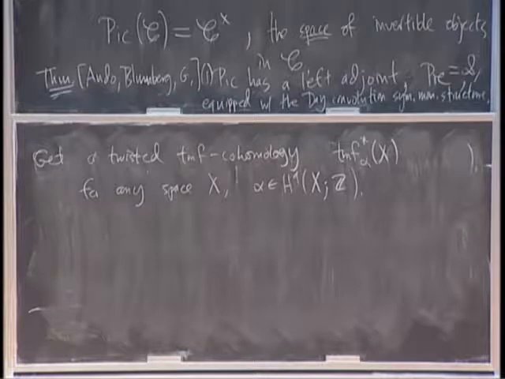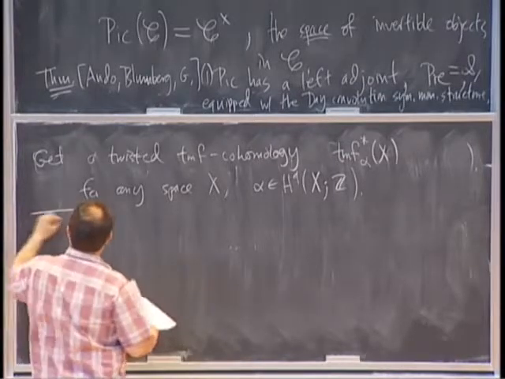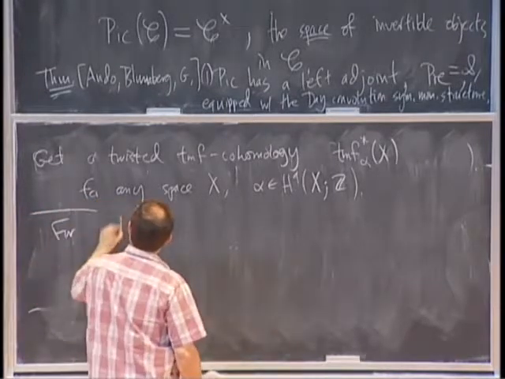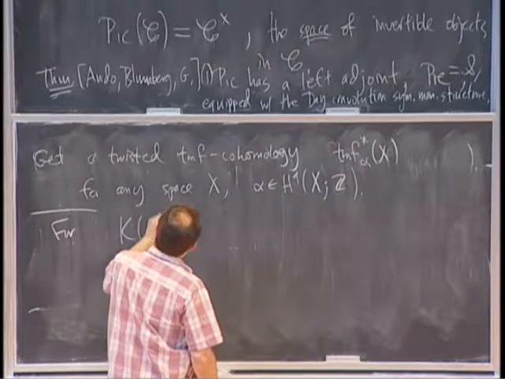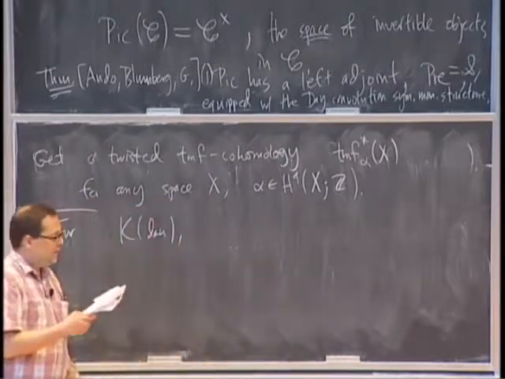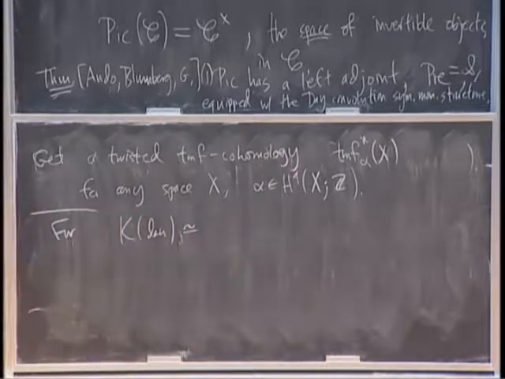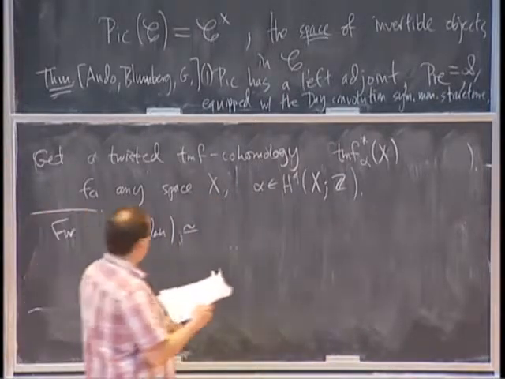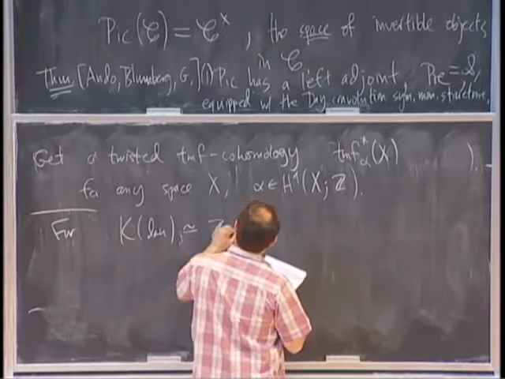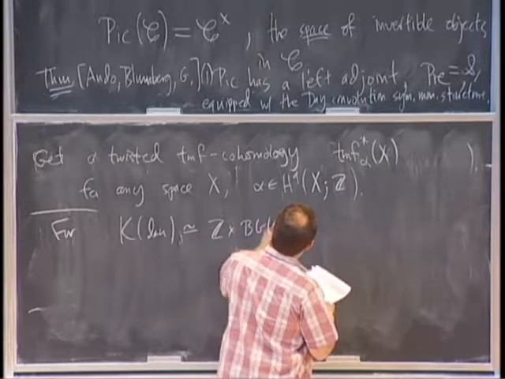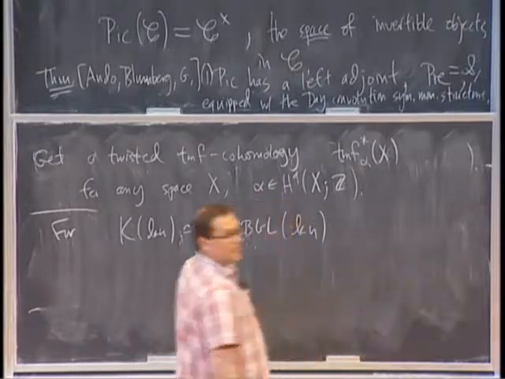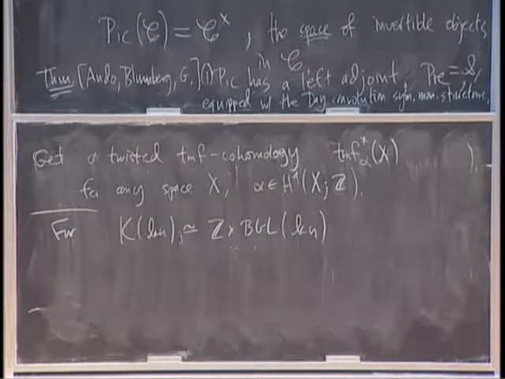The way that you can see that is for K of KU. So the underlying infinite loop space of K of KU is Z cross BGL of KU.